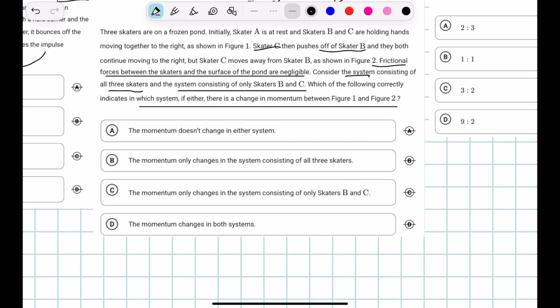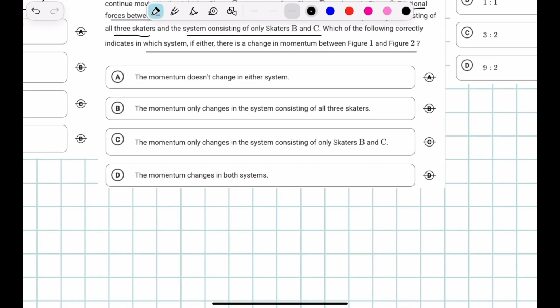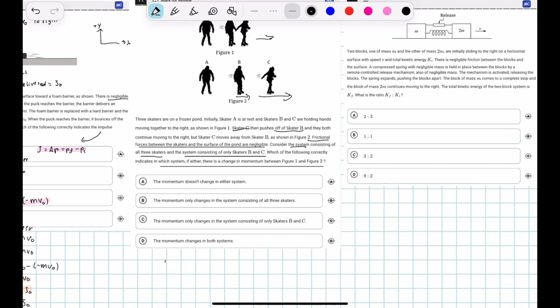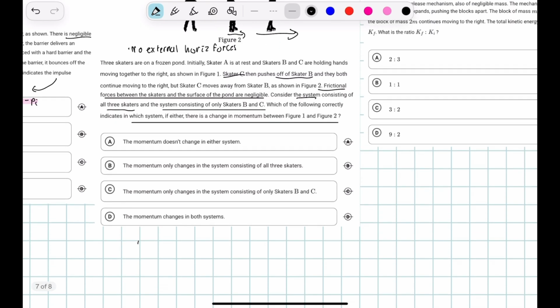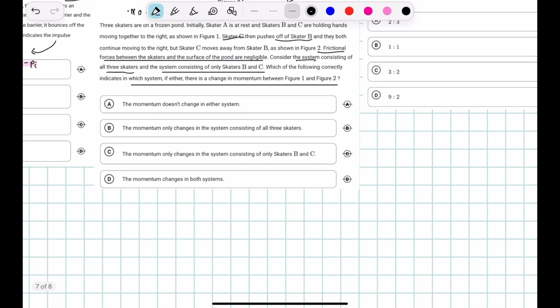So we know that initially skater A is at rest, then B and C move together, then C pushes off of B, and then B and C move separately. There are no external horizontal forces, and we want to know in which system the momentum changes.